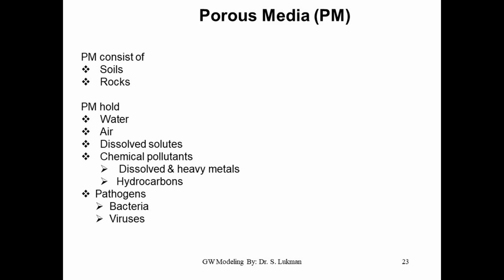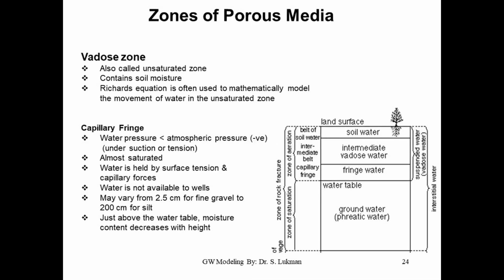Although the organic carbon tells you a lot about a lot of other things, okay? But most soil also has some pathogens, okay? Now, what are the different zones of porous media? The first one, you have the vadose zone, which is also called the unsaturated zone, and contains soil moisture.